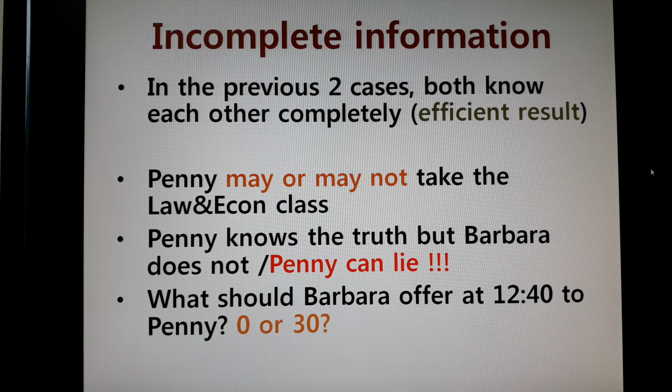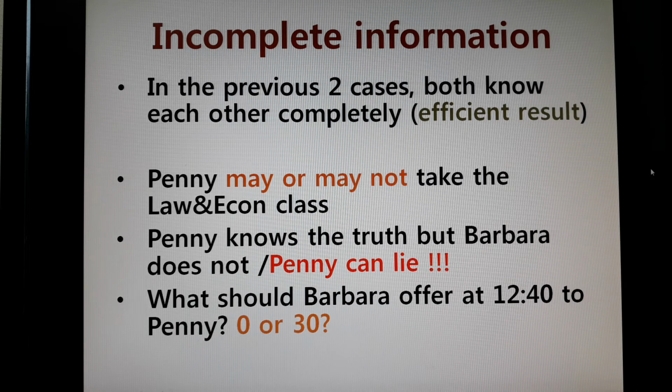But in the previous two examples, in case number 1, Penny takes a class, in case number 2, Penny does not take the class. When did Penny get a better deal? When Penny takes the class, her share would be 30 only. But when Penny does not take the class, she got 60.